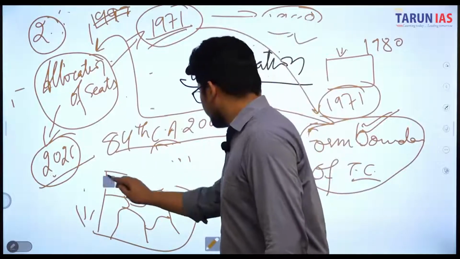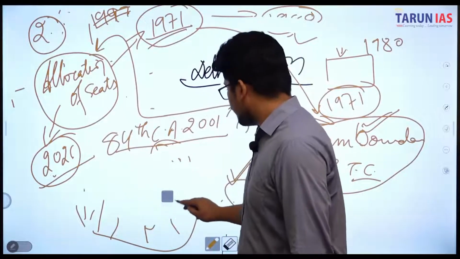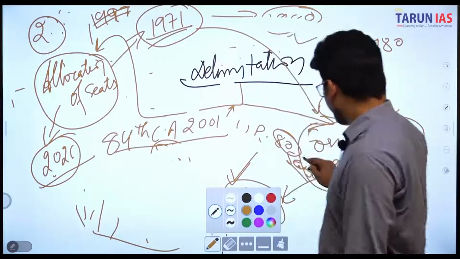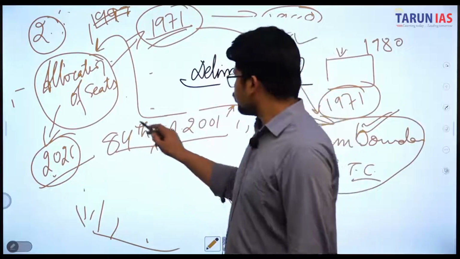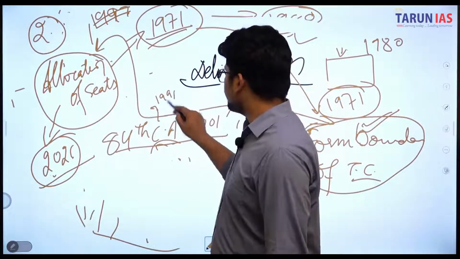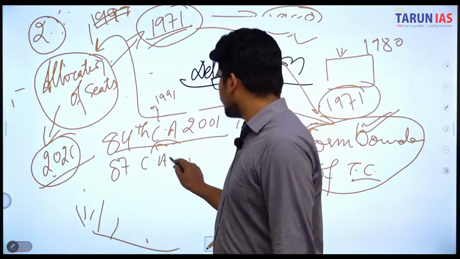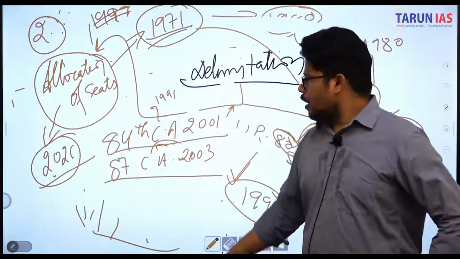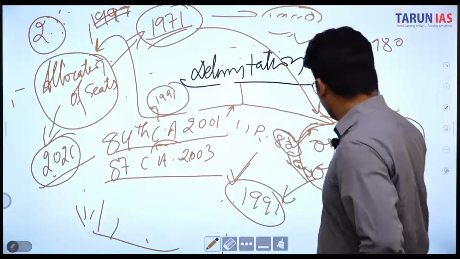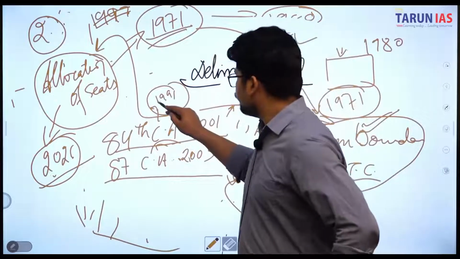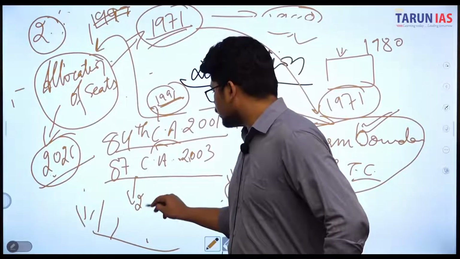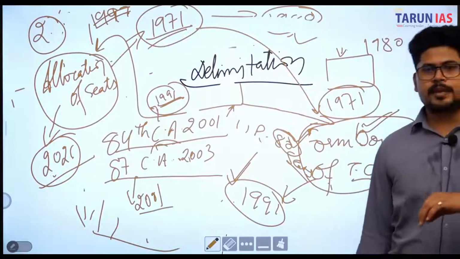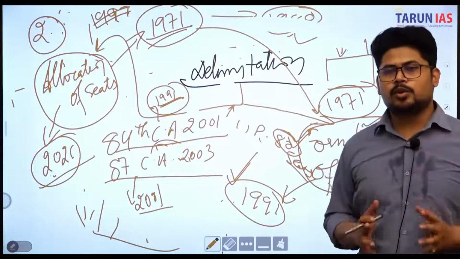because what happened was the 84th Constitutional Amendment Act. What did the 84th Constitutional Amendment Act say? कि the territorial boundaries can be changed based on the population figures of 1991. फिर आया 87th Constitutional Amendment Act 2003. ठीक है, the 87th Constitutional Amendment said that now you can change the boundaries of the constituent territories based on the figures of not 1991 but 2001. ओके, तो 2001 की पॉपुलेशन फिगर्स के बेसिस पे यू कैन चेंज द बाउंड्रीज ऑफ द टेरिटोरियल कॉन्स्टिट्यूएंसीज.